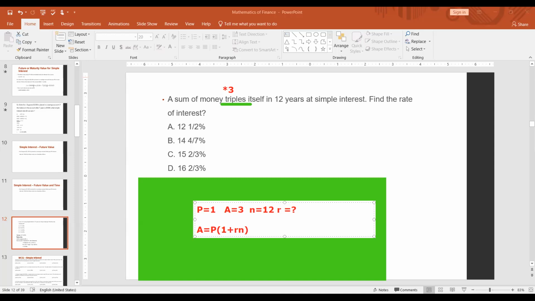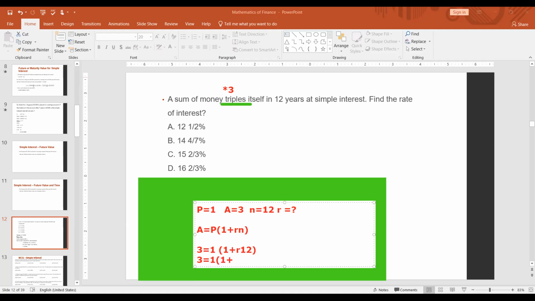This is the normal formula. Here A is 3, P is 1, and N is 12. So the same formula can be written as 3 equals 1 into (1 plus 12R).